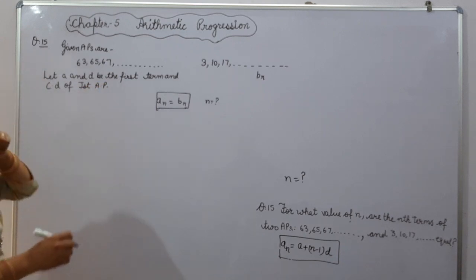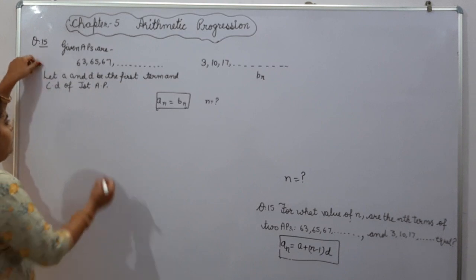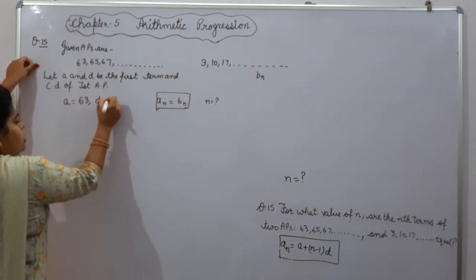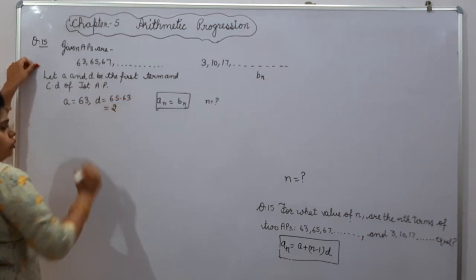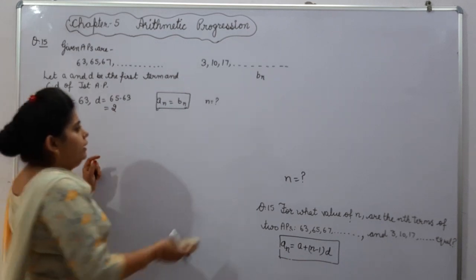The first term of the first AP we have taken as 63, and the common difference we represent by d. Then a is equal to 63 and d is equal to 65 minus 63, which means 2. So from here we get the value of a and d.